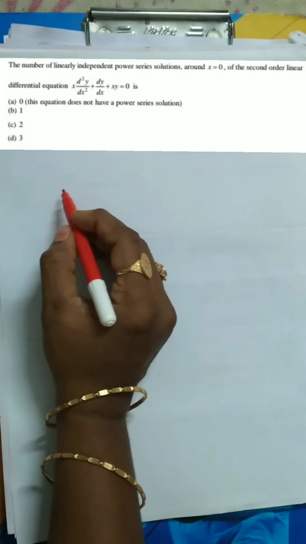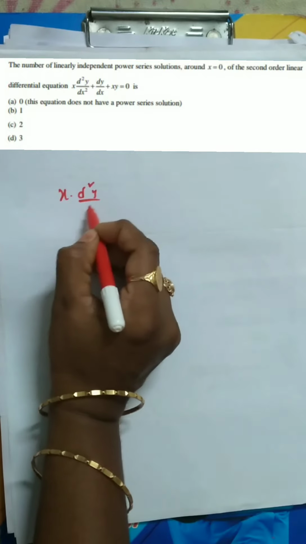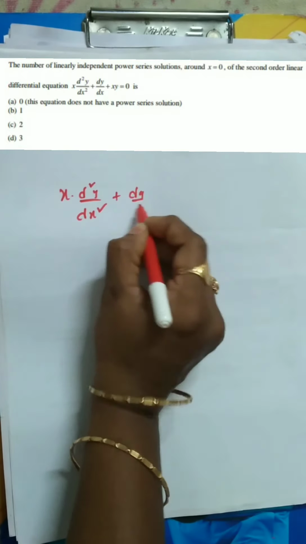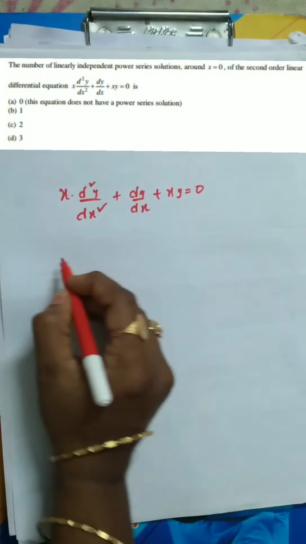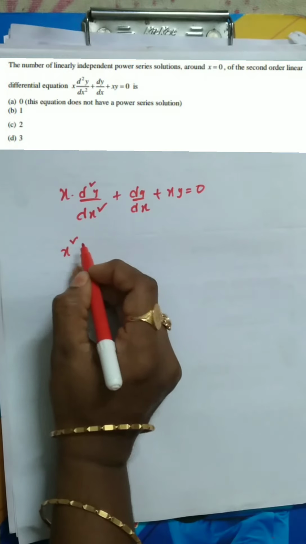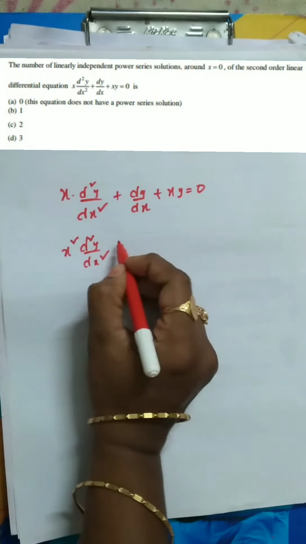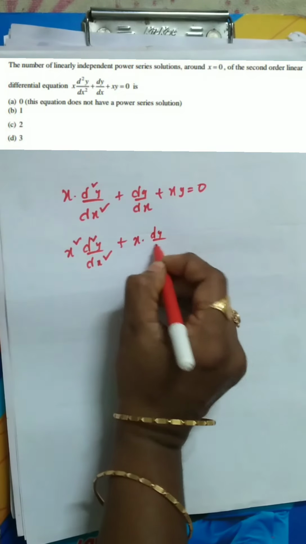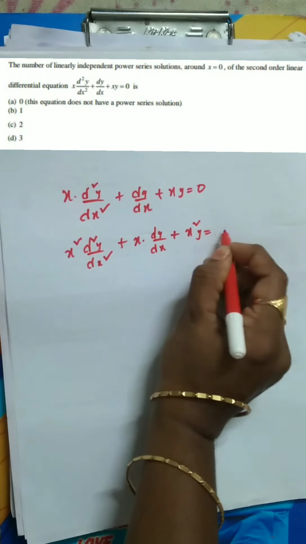The given differential equation is x into d square y by dx square plus dy by dx plus xy is equal to 0. Multiply it with x, then the above equation becomes x square into d square y by dx square plus x into dy upon dx plus x square y.